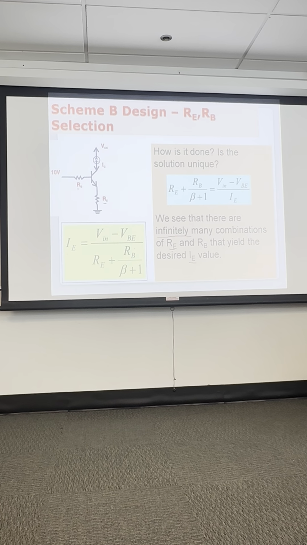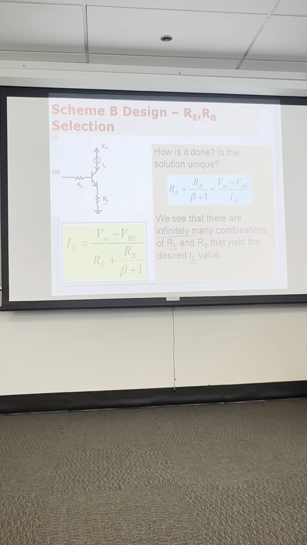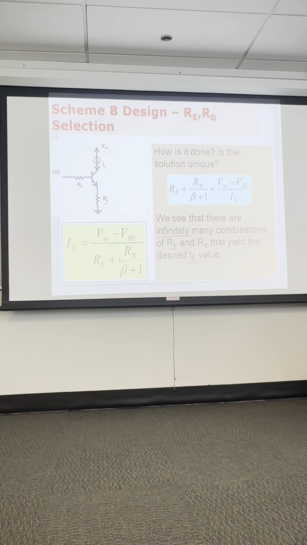Now, when we get into design, especially something that says there's an infinite number of selections here, we basically want to use some mathematics to reduce the number of combinations.